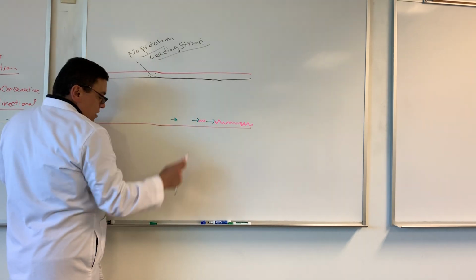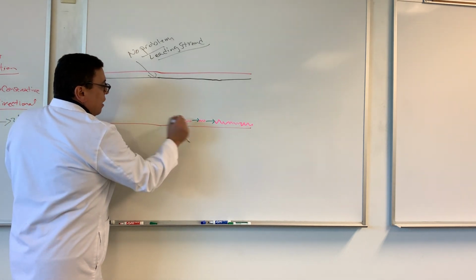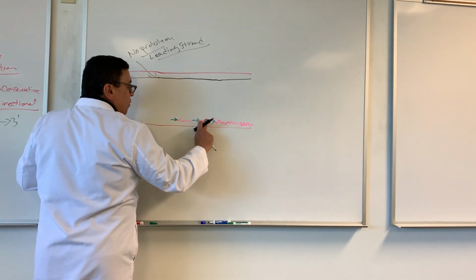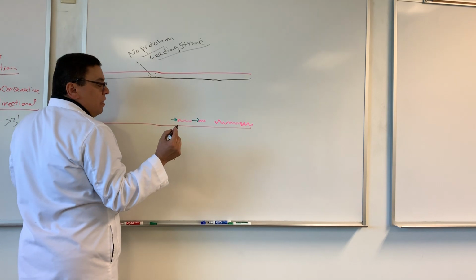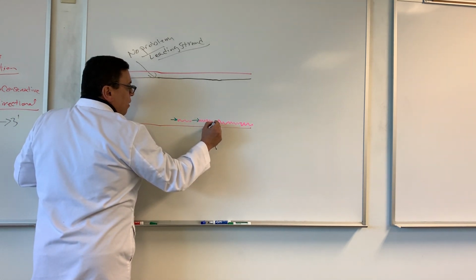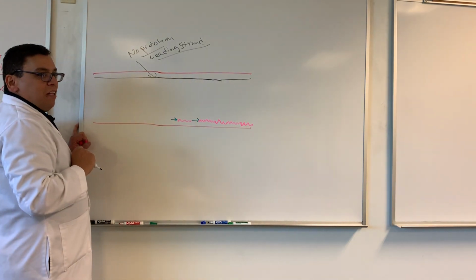Then I copy the DNA. Then DNA polymerase 1 will come in. Okay, we don't need this primer anymore now. And it replaces it with DNA. Who seals the gap? DNA ligase. Are we catching that?